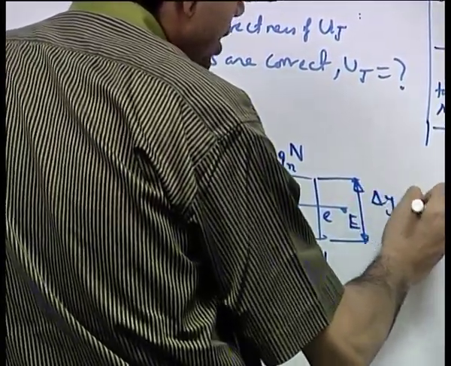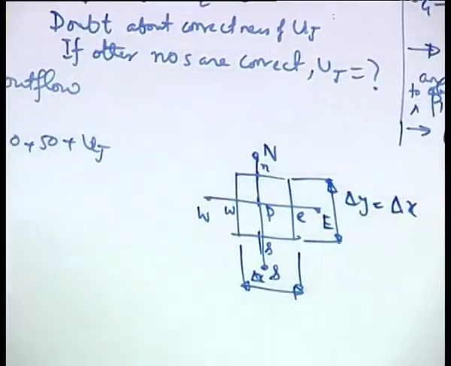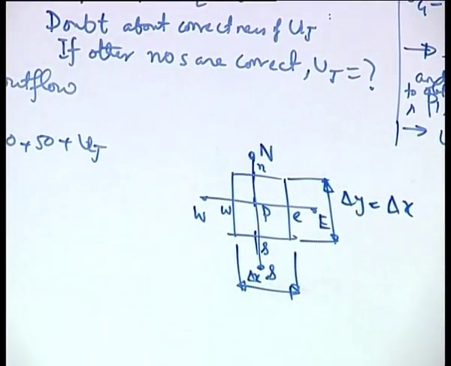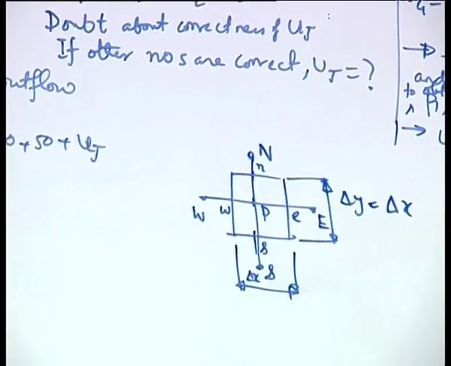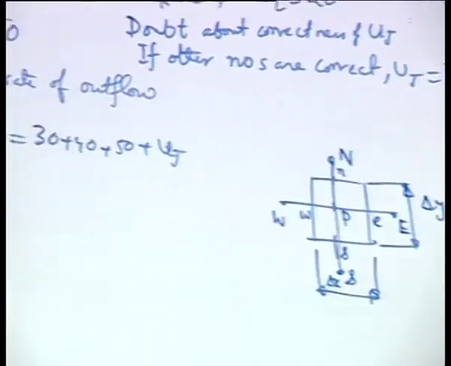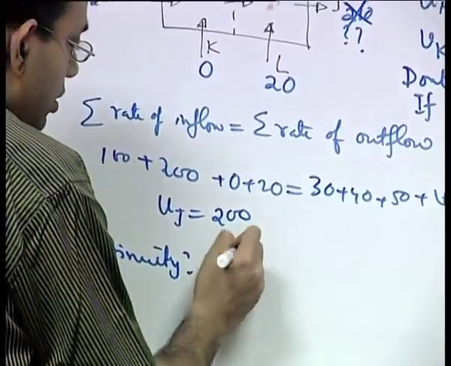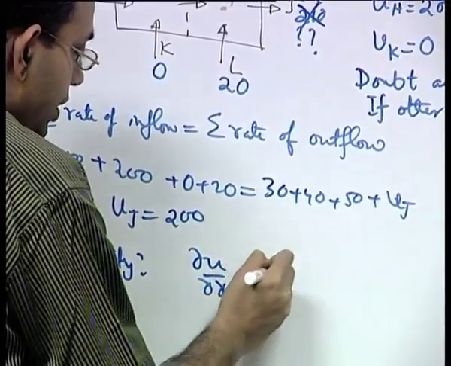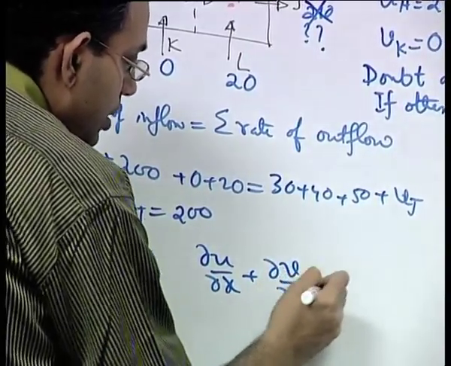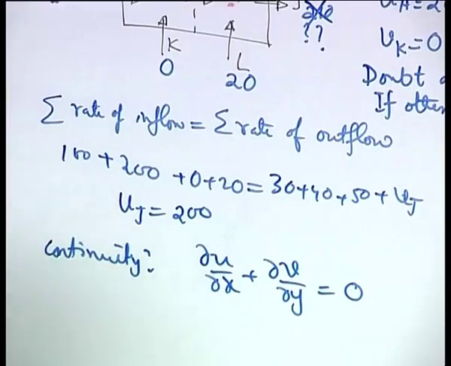In this example, delta y equal to delta x. So, what is your continuity equation? Del u del x plus del v del y equal to 0.